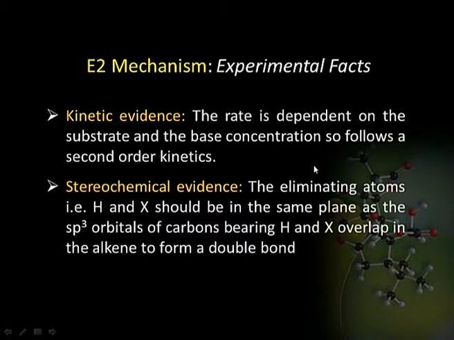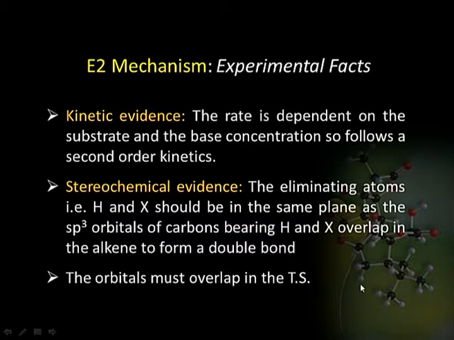The stereochemical evidence is very important in case of elimination reactions, where the condition is that the H and X should be in the same plane as the sp3 orbitals of the carbons bearing H and X, because these overlap in the alkene to form a double bond.